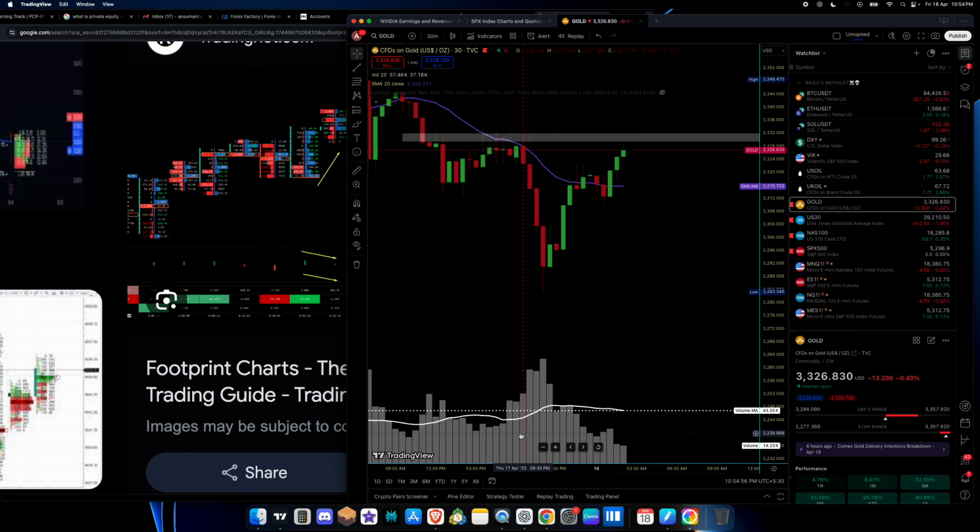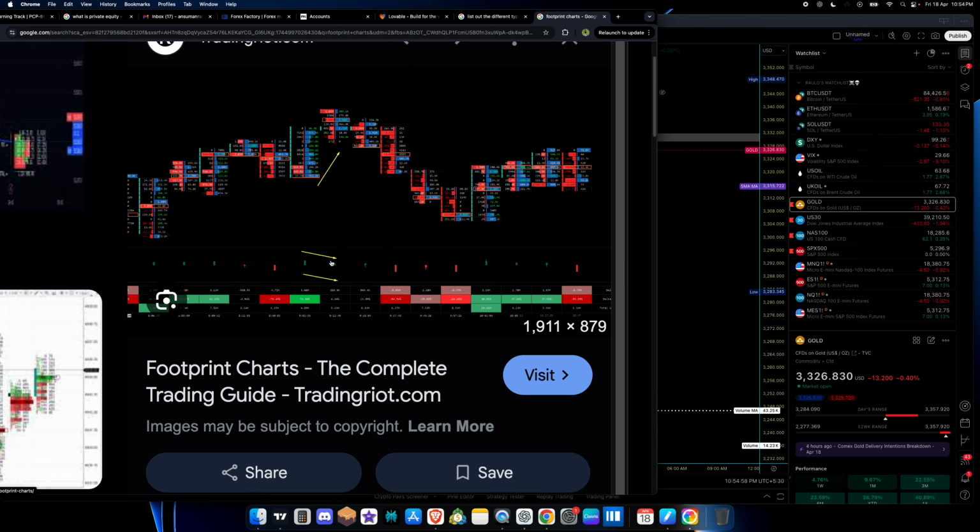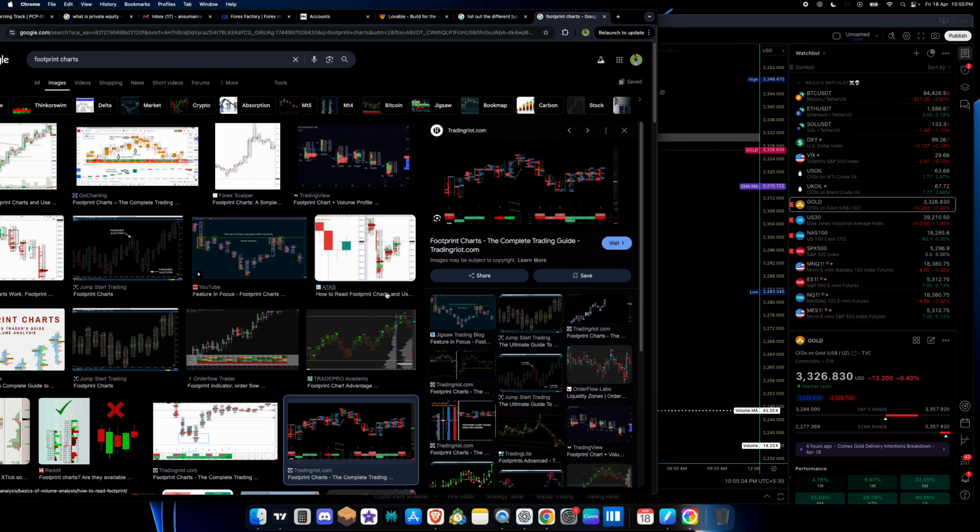But here, it shows the skeletal view of the volume profile. So this is what volume profile is called. And to get access to these kinds of tools, you have to pay a subscription to the respective charting software. It can be ATAS, it can be Sierra Chart, it can be NinjaTrader.